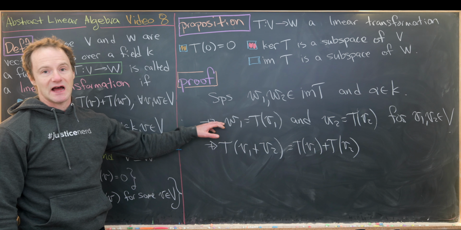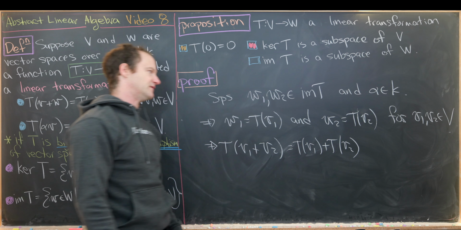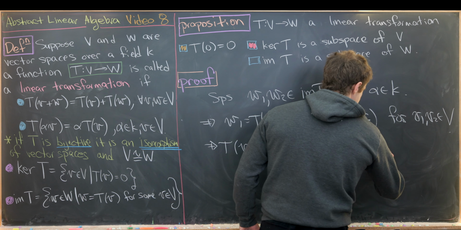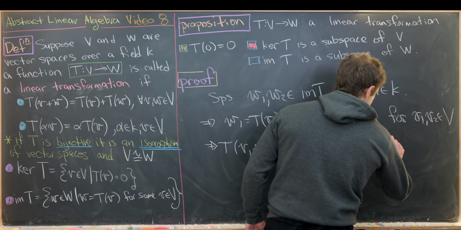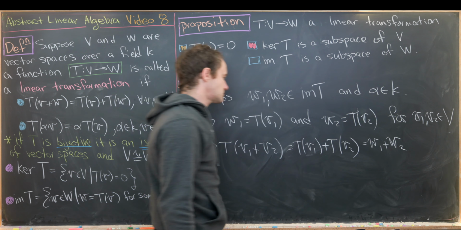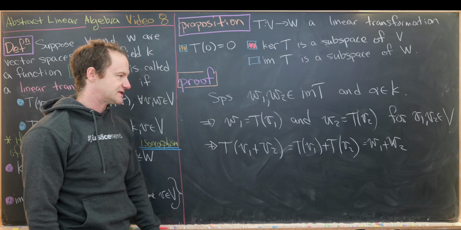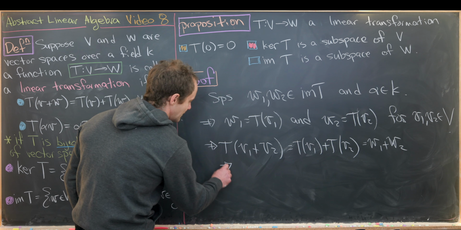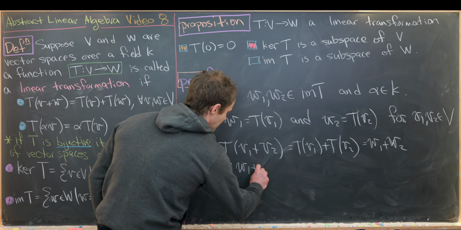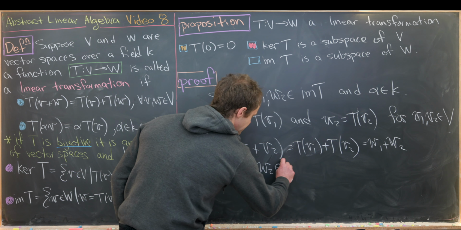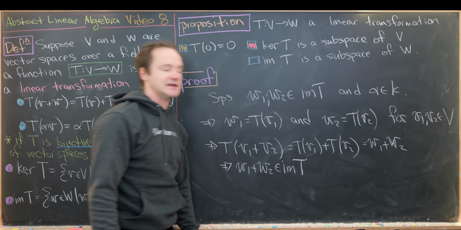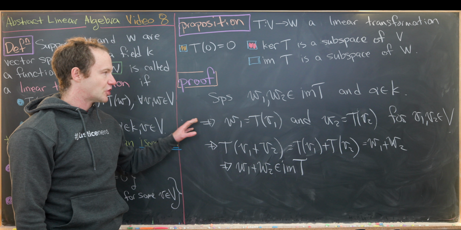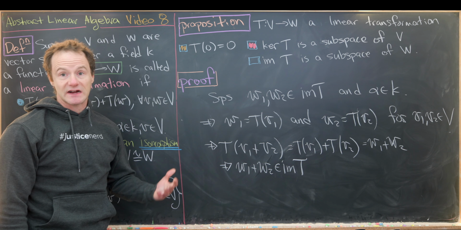But then by this line right above, which is how we define v1 and v2, we get w1 plus w2. But then we've written w1 plus w2 as the image of an element from V, but that's exactly what we need for w1 plus w2 to be in the image of T. Okay, so we've shown that the image is closed under vector addition.